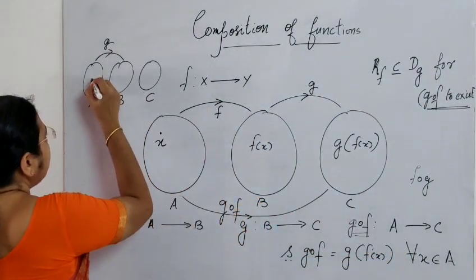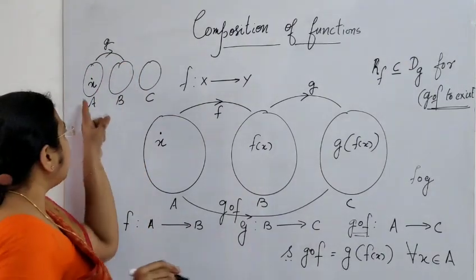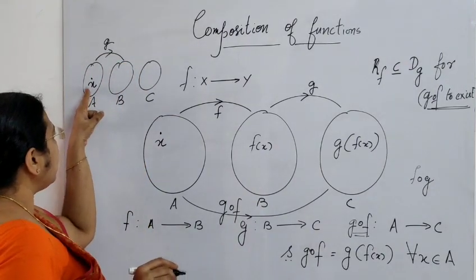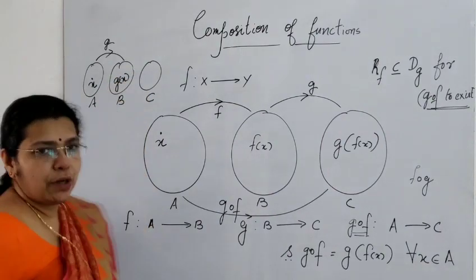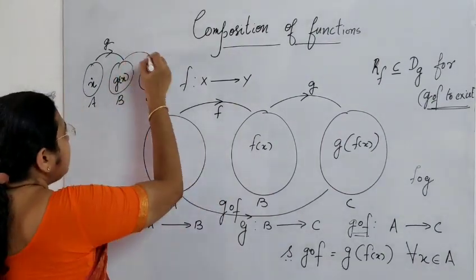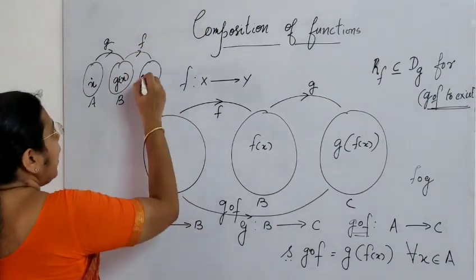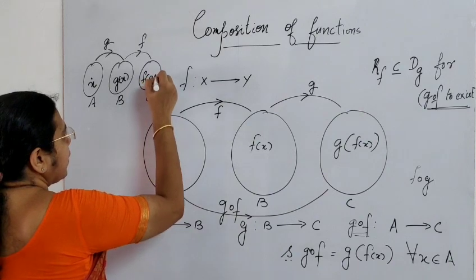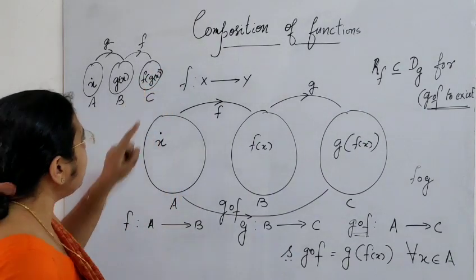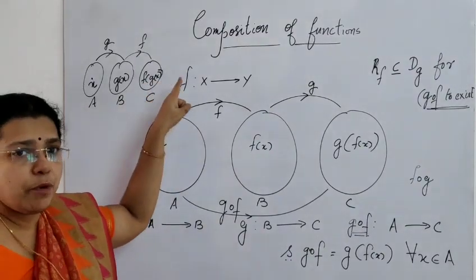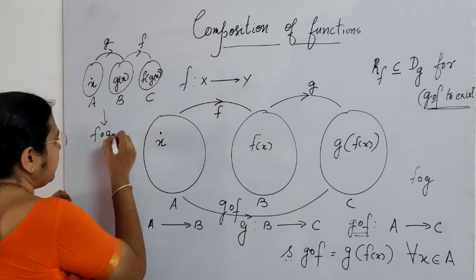So G is from A to B, and this is an element X. X when it is mapped under G gives you G of X. Now this G of X again under the function f, what will I get? F of G of X. This gives me FOG.